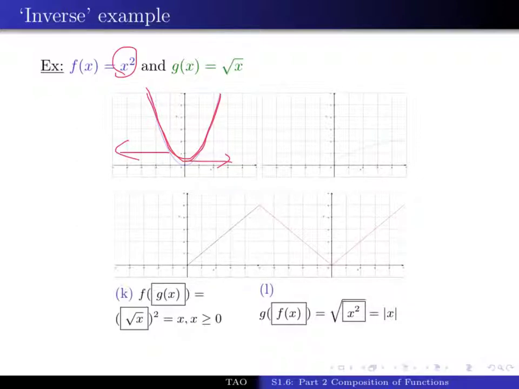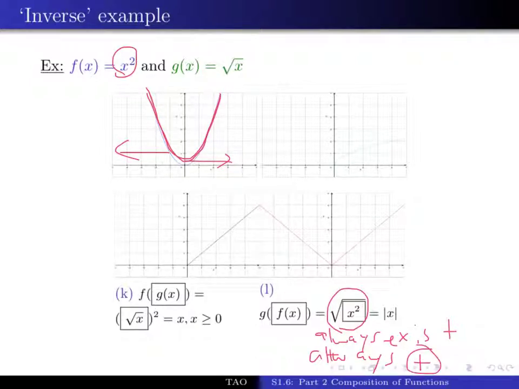That means when we do our root, this always exists, and it's always positive. So a function that always exists and is always positive, well, the absolute value is one of them.